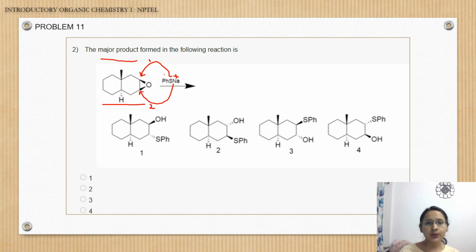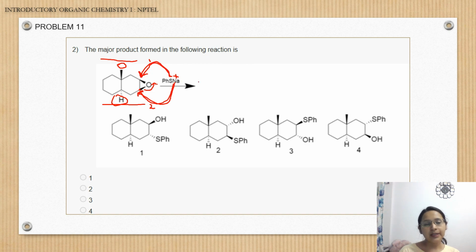Because if it goes the first way, then there is a steric hindrance again. This is a substituted side, and it will feel a steric hindrance from this side. And here there is no substituent, only a hydrogen to interfere, and hydrogen is a very small group. That's why this nucleophile wants to go from pathway 2. That is, carbon number 2 is getting attacked, and this C-O bond is getting cleaved.